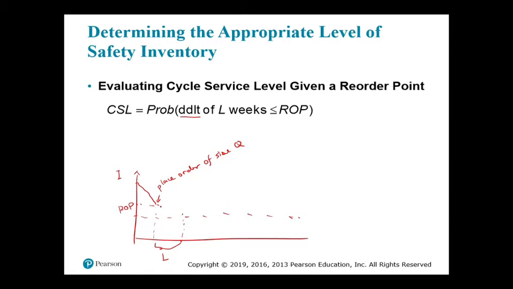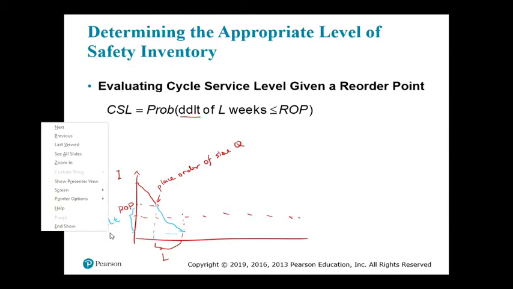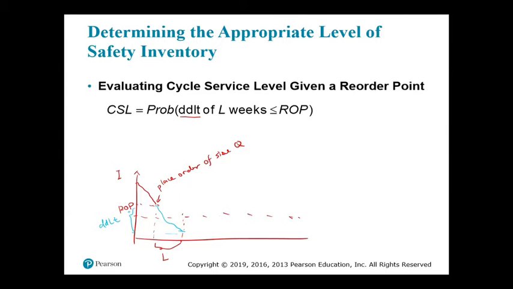Here, our lead time demand is from this point to this point. Demand during lead time. If demand during lead time is less than the reorder point, then I don't run out of inventory.